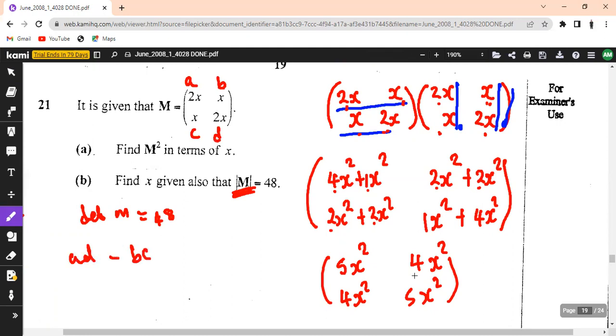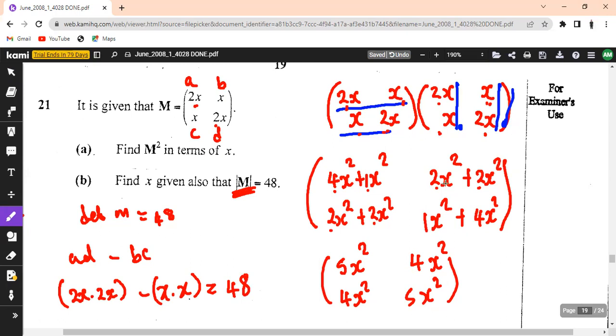So A and D, you multiply these two, that is 2x by 2x, minus BC, which is x times x. We must obtain 48.